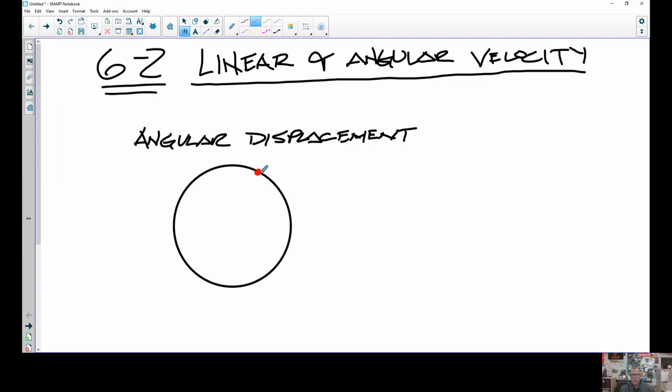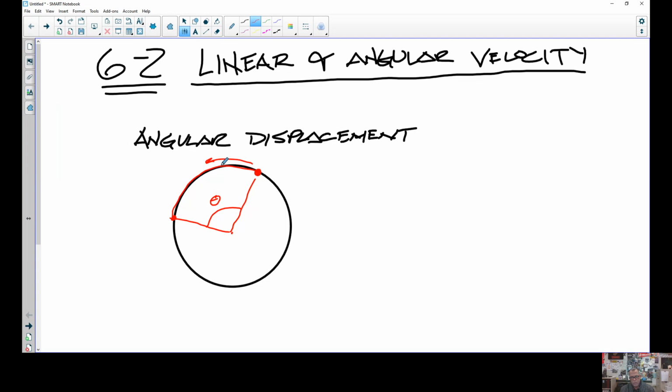Say this point on the edge rotates from here around to here and stops. Well, from the center, the number of degrees or radians that it's moved through, and we're going to use radians more than anything here, that theta is its angular displacement.